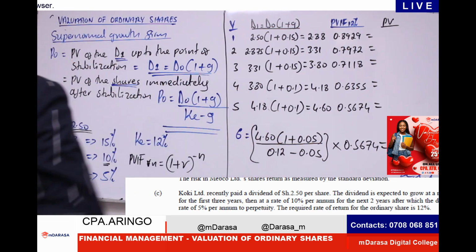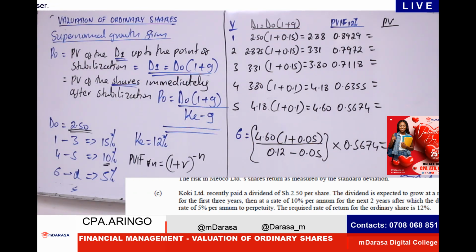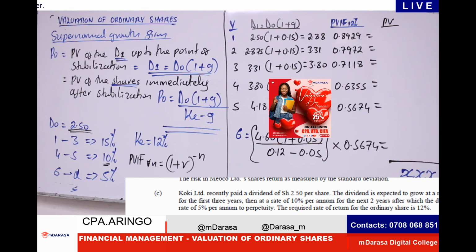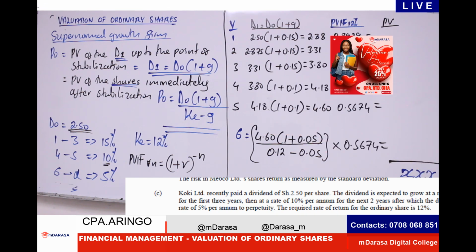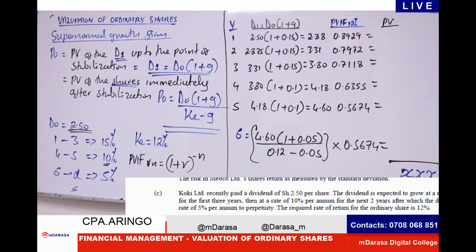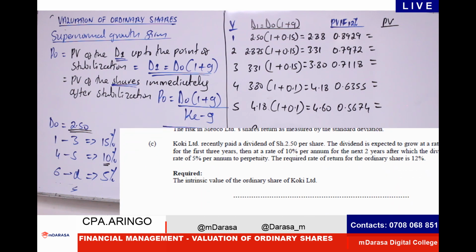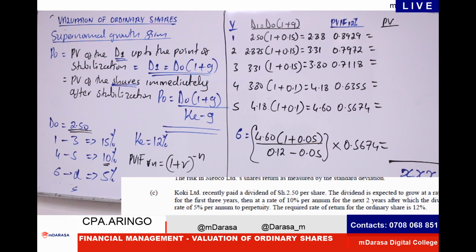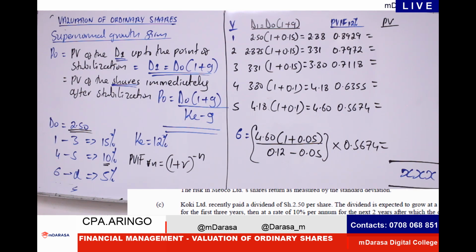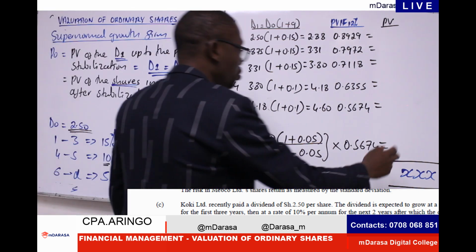Just the way the examiner had asked us to determine. These are what you asked, the intrinsic value of the ordinary shares of Koki Limited, being a supernormal growth firm. So this is what you need to determine.